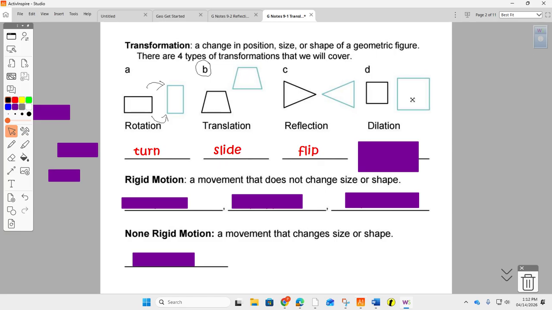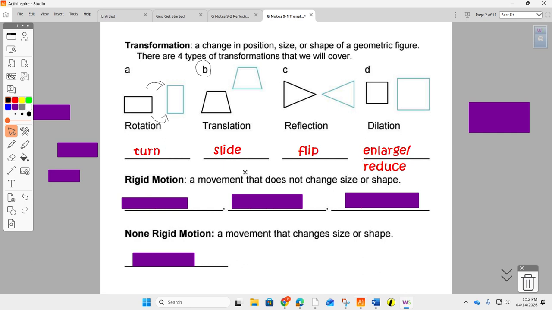But you can dilate your pupils larger or smaller, and we can dilate a figure to make it larger or smaller. So we're going to enlarge or reduce. When we enlarge or reduce as a transformation, it would be a proportional enlargement or reduction. So the shape is going to stay the same. The angles would stay the same, but the size would be different.